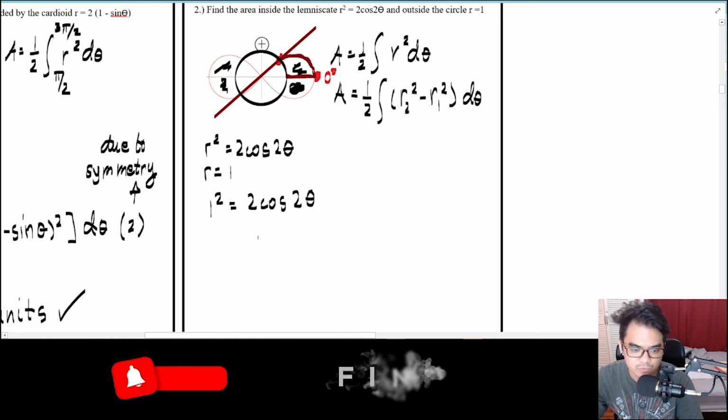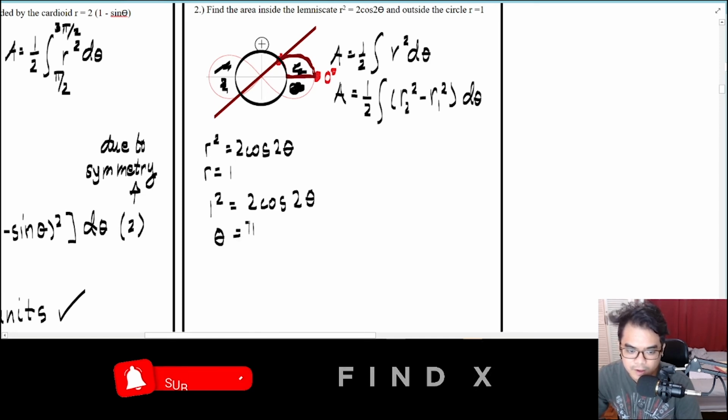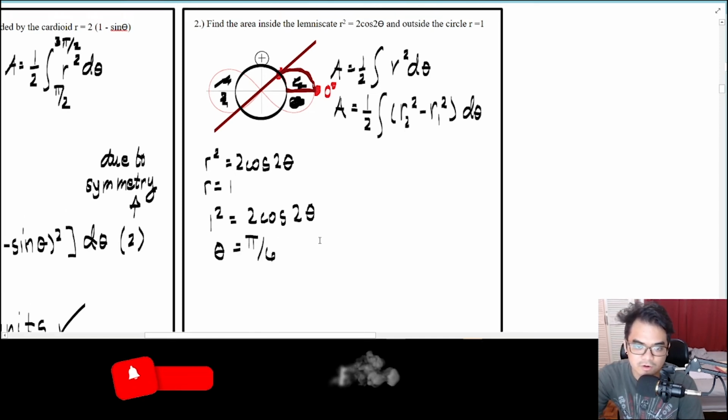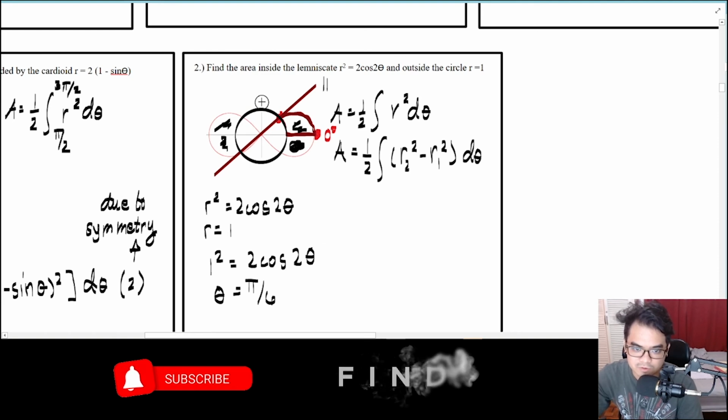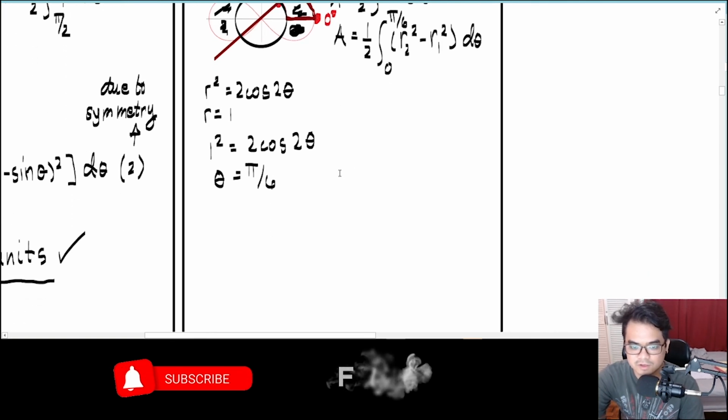If you solve for theta, you'll get theta equal to pi over 6. Therefore, this intersection is pi over 6, and the limits will be 0 to pi over 6.